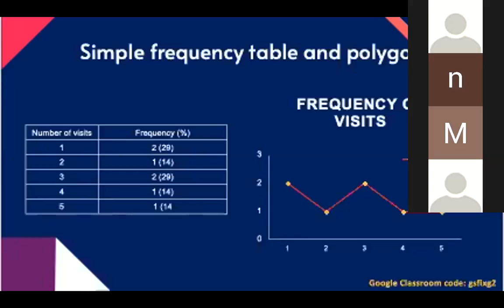You can see from the table form that 1 visit and 3 visits are the most frequent that the mothers come in for. So from this data, if you report it in the form of a line polygon, for example, the readers may be able to see and interpret your data quicker at a glance.